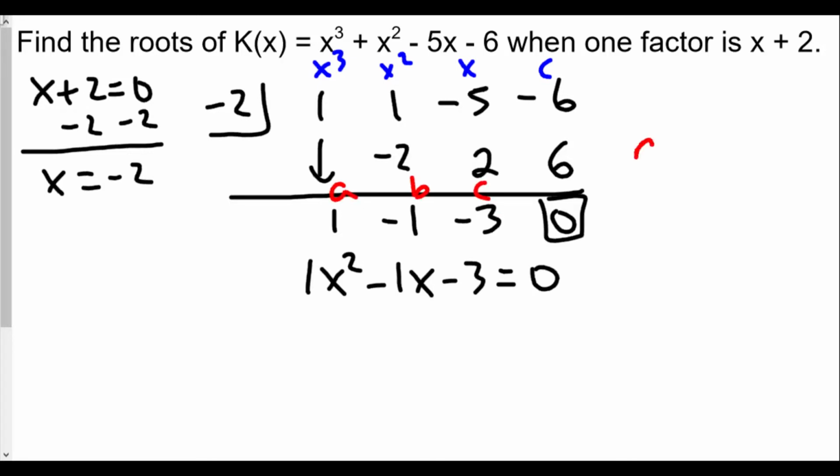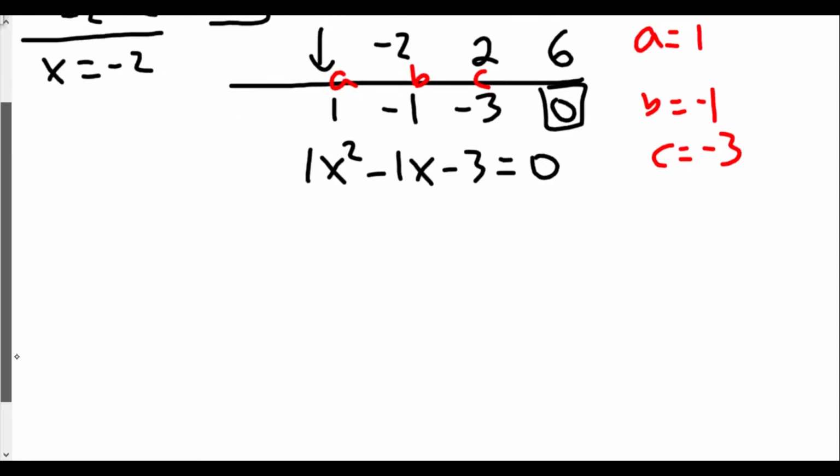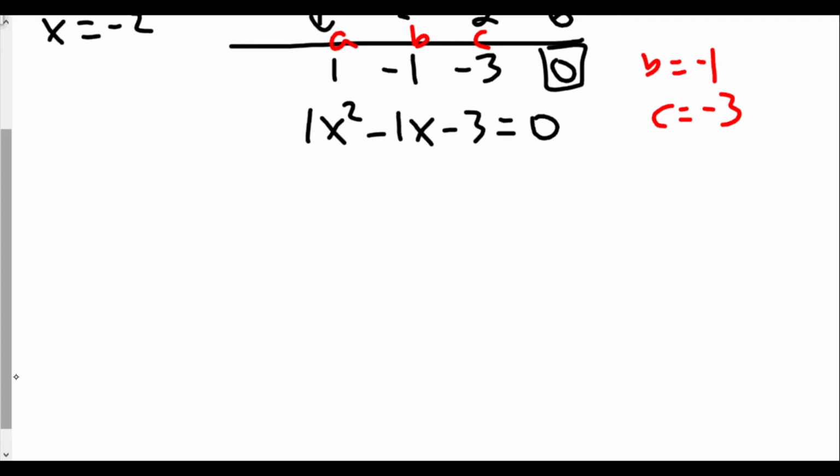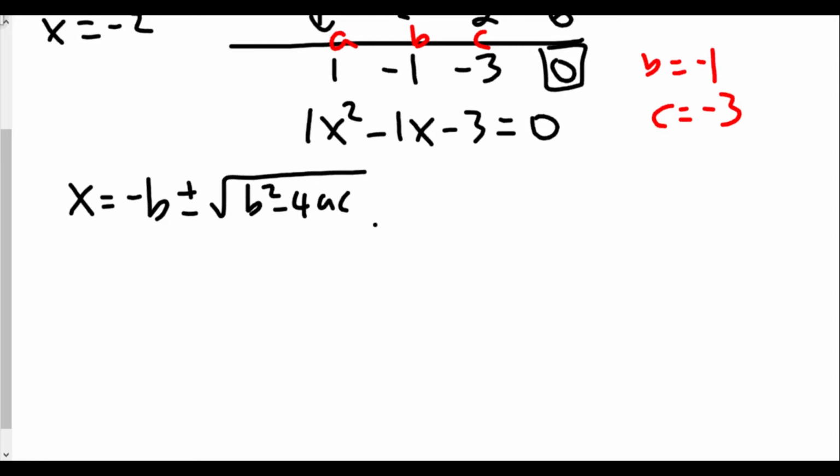So we know here a is 1, b is negative 1, and c is negative 3. The nice thing about synthetic division is that we're not messing around with any of the variables now. So we use the quadratic formula: x equals negative b plus or minus the square root of b squared minus 4ac, all over 2a.